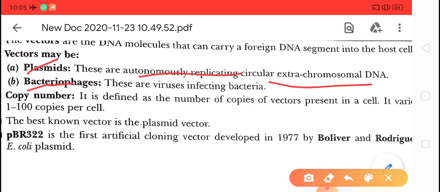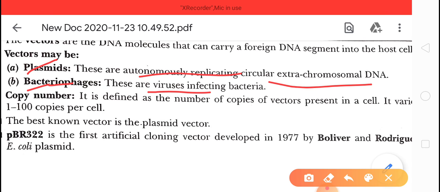In bacteria, apart from their own DNA, they also have the plasmid, which is extrachromosomal DNA. This plasmid we isolate from the bacteria and use as a vector. Number 2, bacteriophages can also be used as a vector, and these are viruses which infect bacteria.